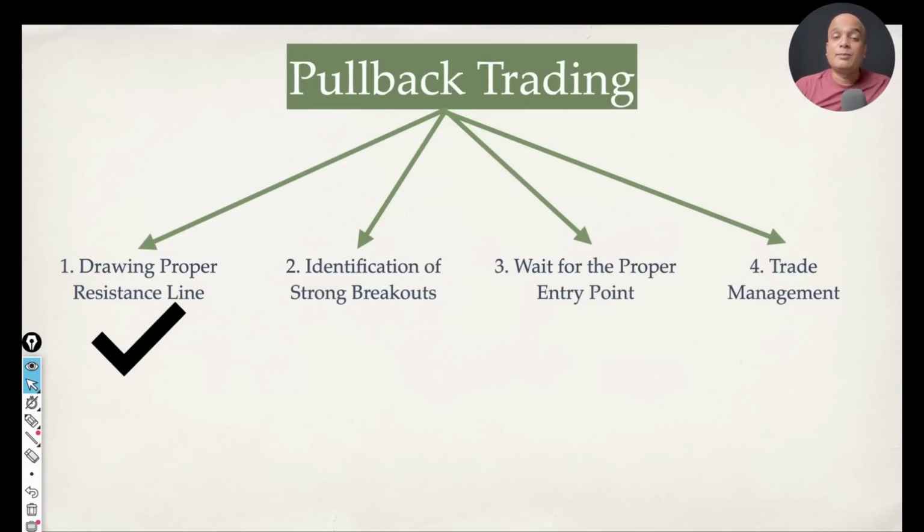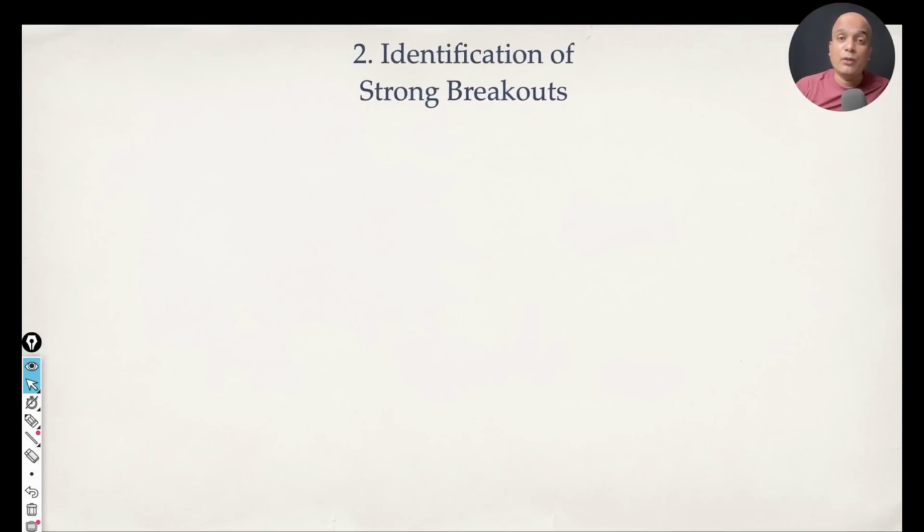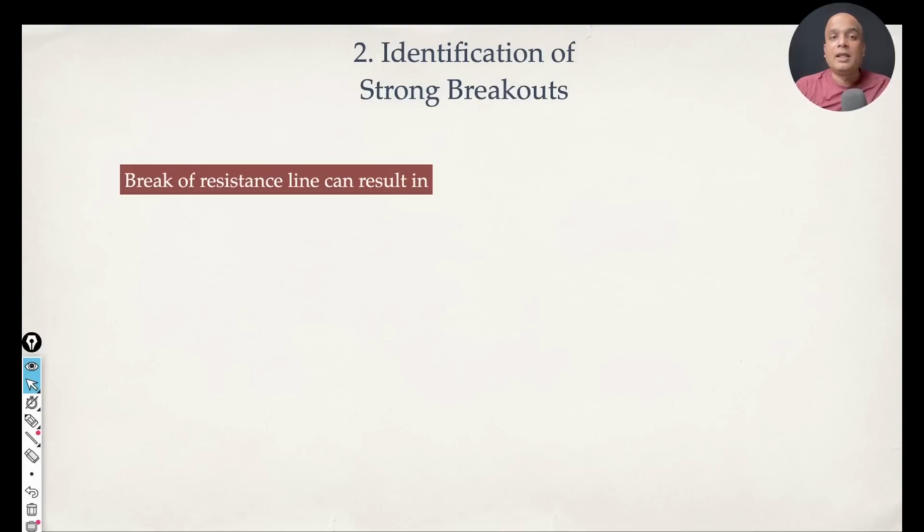Now the next point is identification of strong breakouts. This is also very important, because I have noticed many traders fail to identify strong breakouts. For example, let's say there is a resistance trend line.